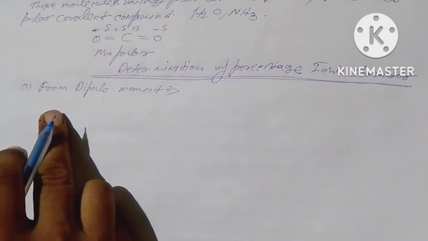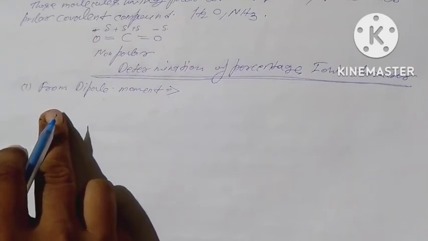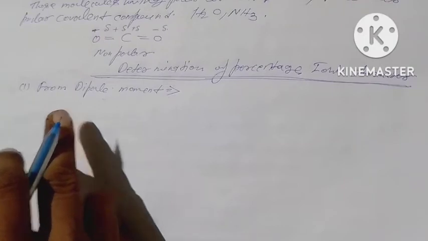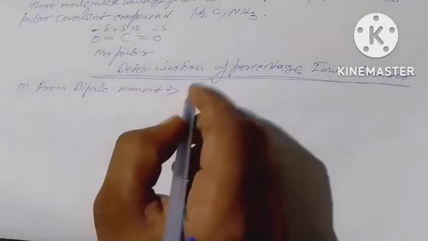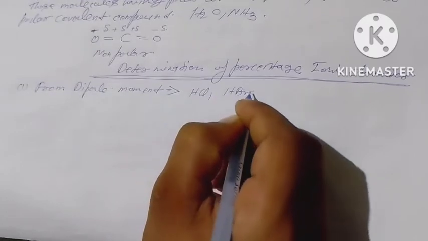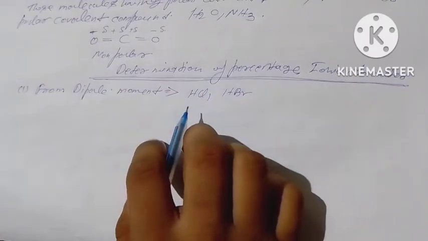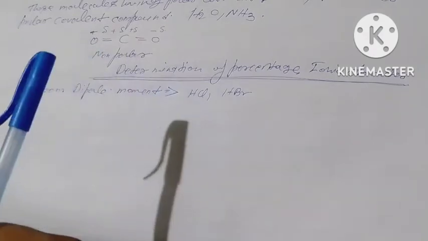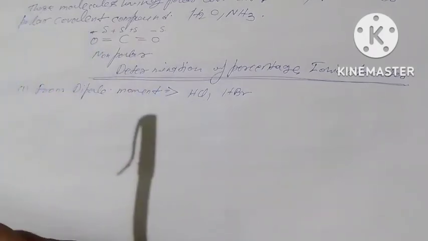Then we will know about it from dipole moment. Polar molecules, for example HCl, hydrogen chloride, HBr, hydrogen bromide, etc., have two polar ends and are known as dipoles.